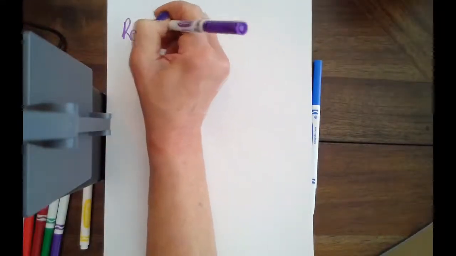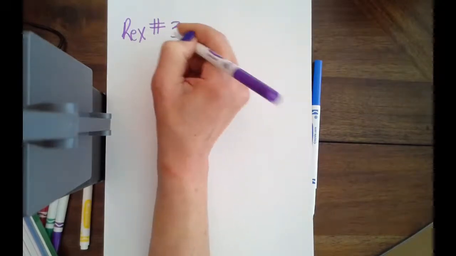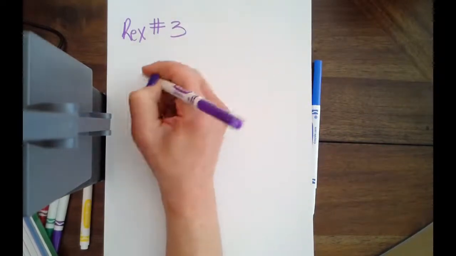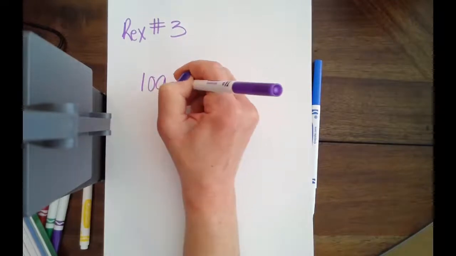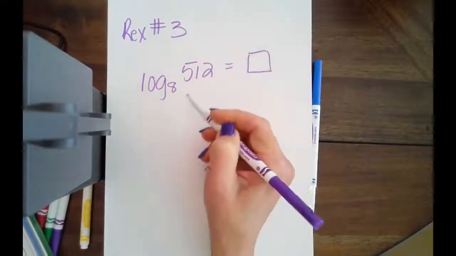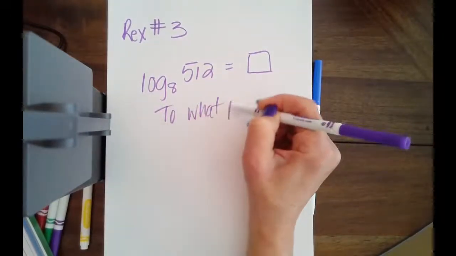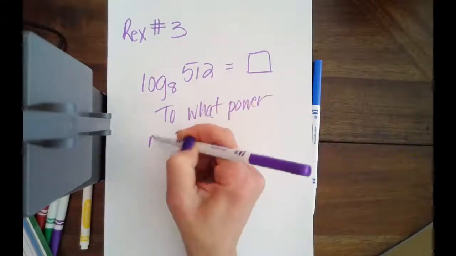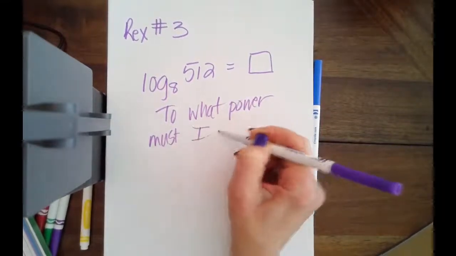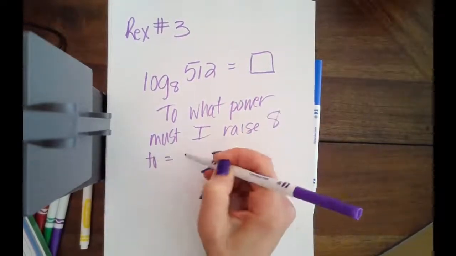I've only got a couple more minutes on this timing, so I think this is going to cover it. Rex number 3, we're going to evaluate log base 8 of 512 equals blank. Remember, you're asking yourself, to what power must I raise 8 to equal my block 512?